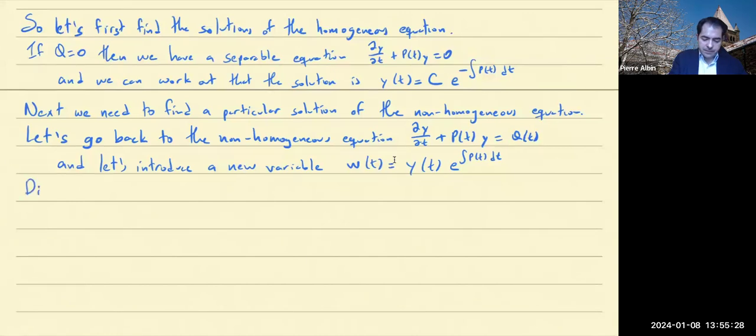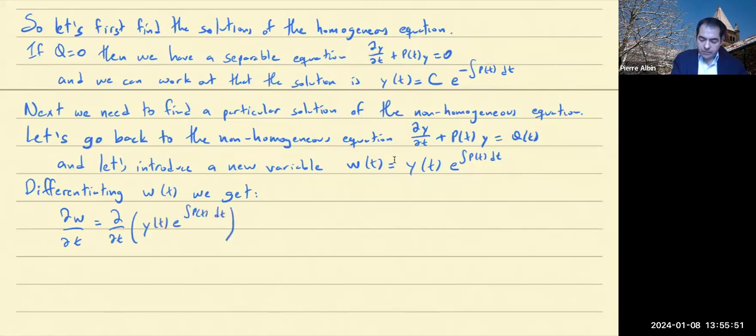Differentiating w, we get dw with respect to t is equal to the derivative with respect to t of this product, right? Y of t times e to the integral of p of t, right?